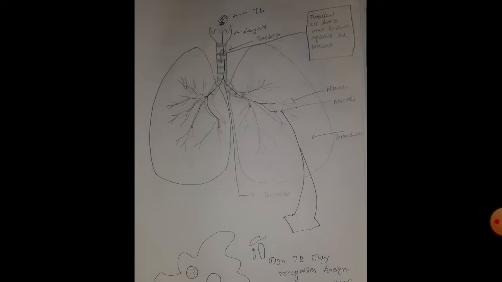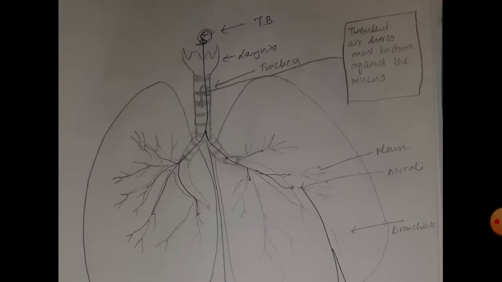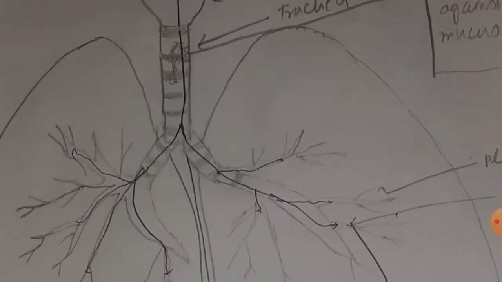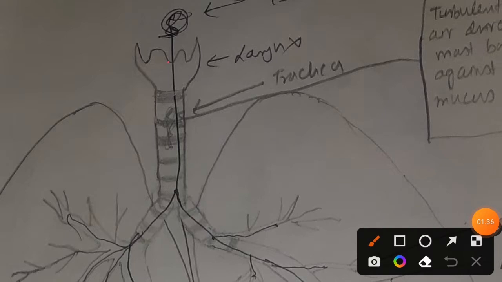One example is that when the air we breathe in passes through the upper airways, the air becomes turbulent. This turbulent air drives all the bacteria and viruses it carries against the mucus layer.